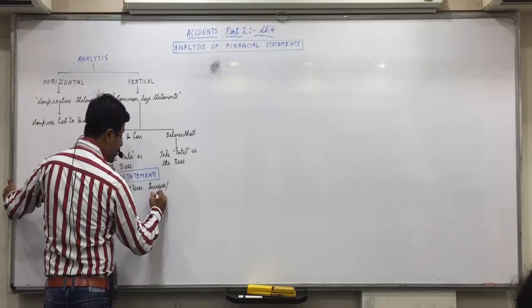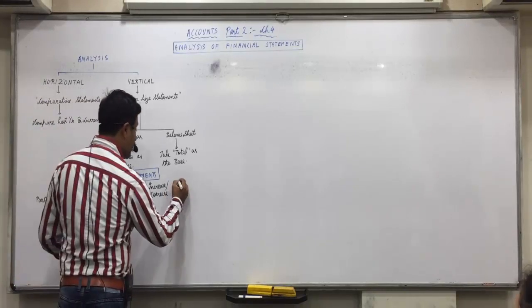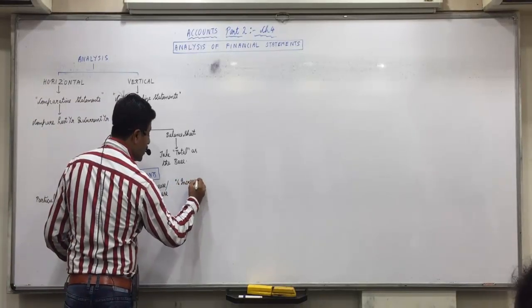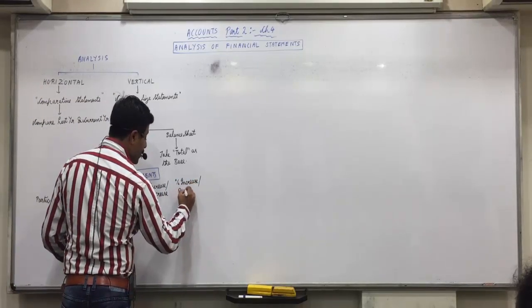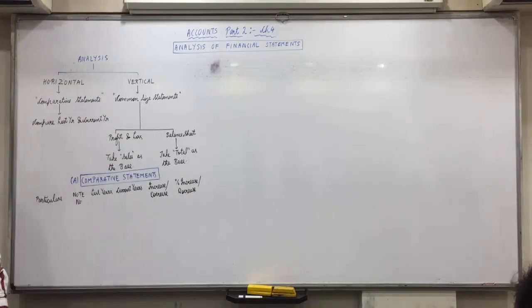increase or decrease. Means we'll try to find out whether our incomes and expenses in the P&L statement have increased or decreased. And in case of balance sheet, we'll try to find out whether our liabilities and assets have increased or decreased. And we'll find percentage increase or decrease, because conclusions can be made only from percentage.